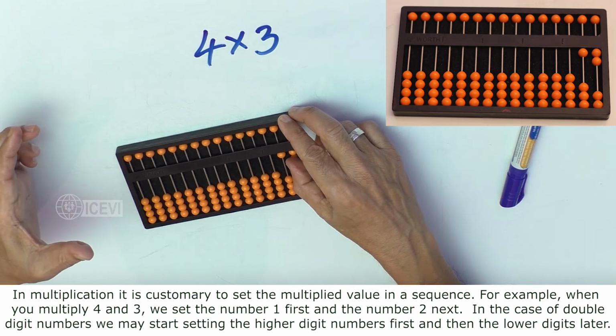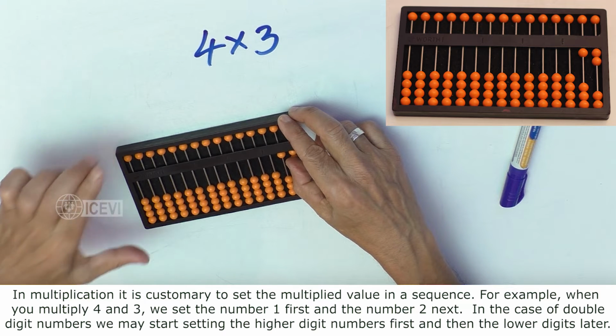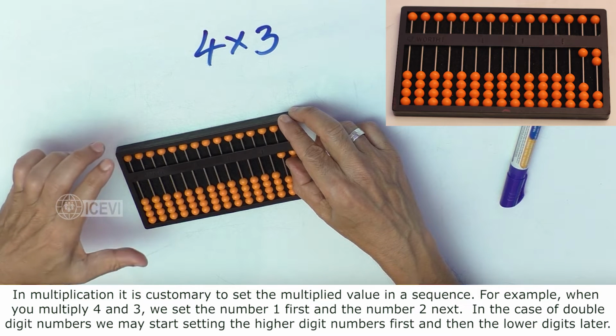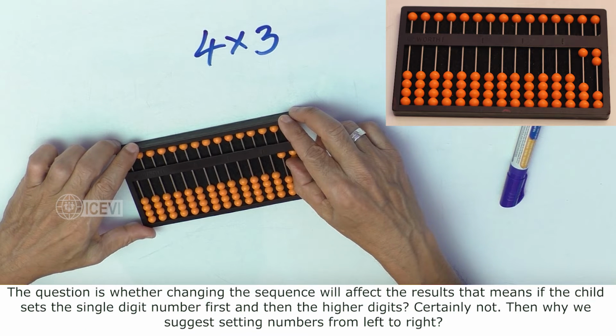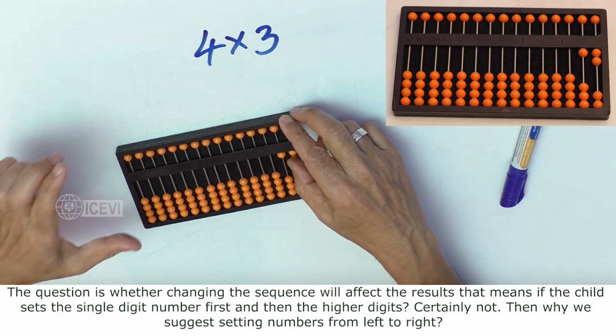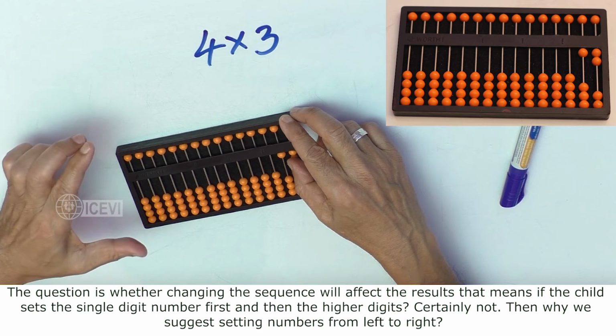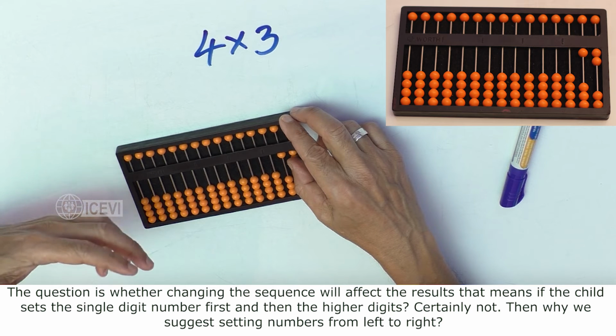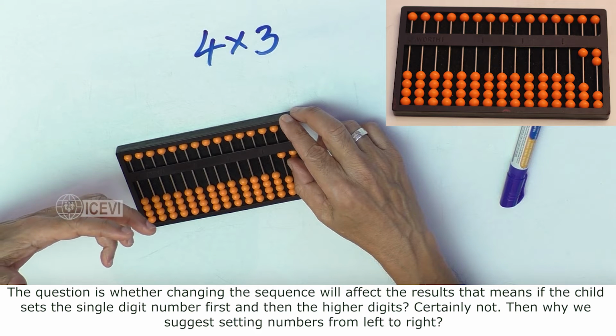In the case of a double digit number, we may start setting the higher digit numbers first and then the lower digits later. The question is whether changing the sequence will affect the results. That means, if the child sets the single digit number first and then the higher digits?